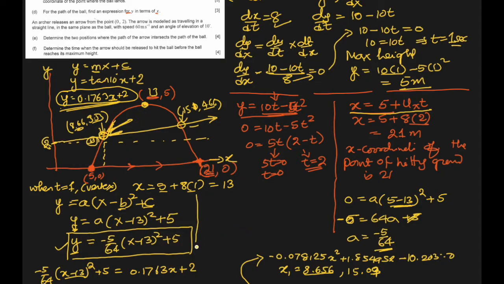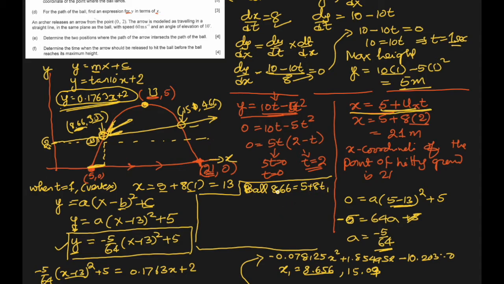So let me use this small space to get the time when they can be released. So for the first one, the x component is 8.66. So for the ball, let's write ball here. For the ball, 8.66 is the x component, that means it should travel only this small distance, and the equation is 5 plus 8t, let's say t1.